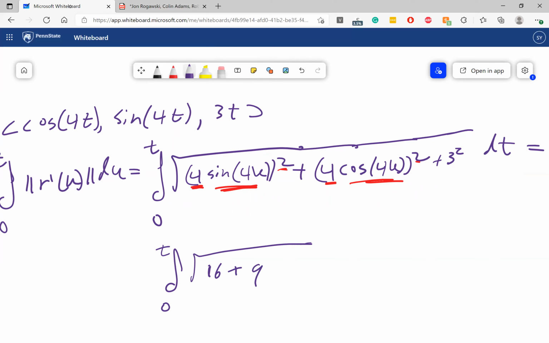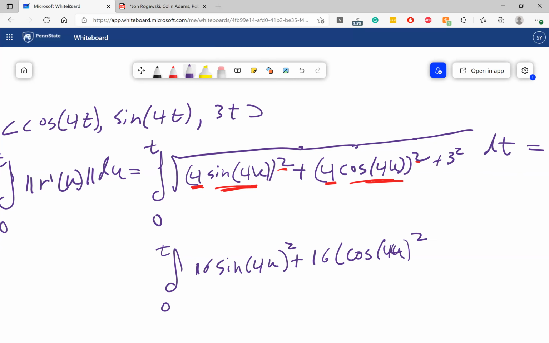So from here you're going to get 16 times sine squared of 4u plus 16 times cosine squared of 4u, and then you just take out the 16s, and this is square root plus 9.